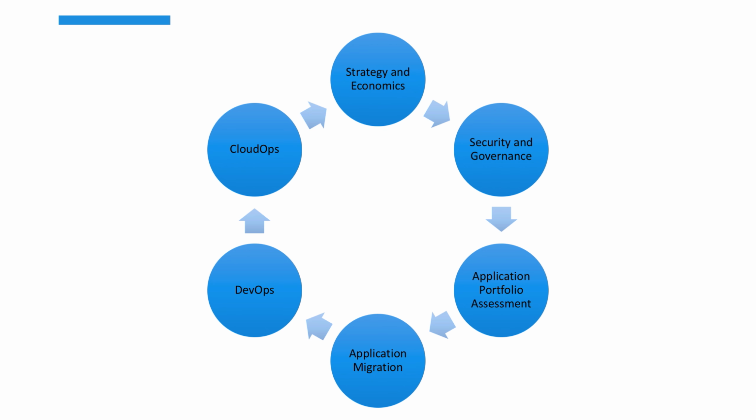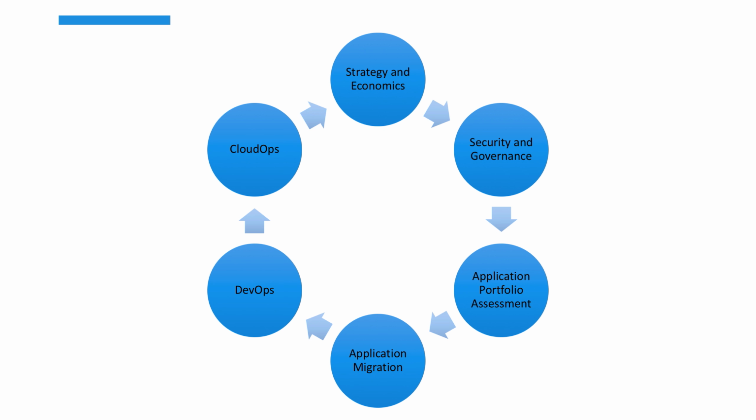Application migration, the ability to kind of migrate those systems to the hybrid cloud, either public or private clouds within the hybrid cloud. How DevOps fits in and doing the plan for that. Then also Cloud Ops, how we plan on operating the system. And then back to strategy and economics. And this is basically an iterative process.